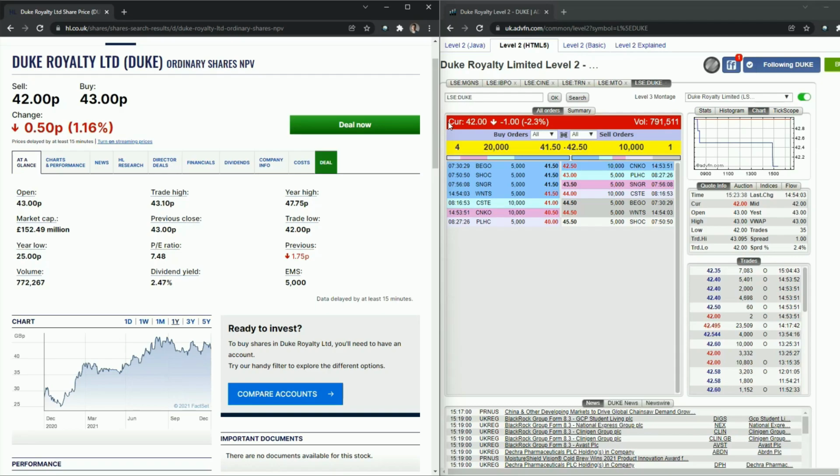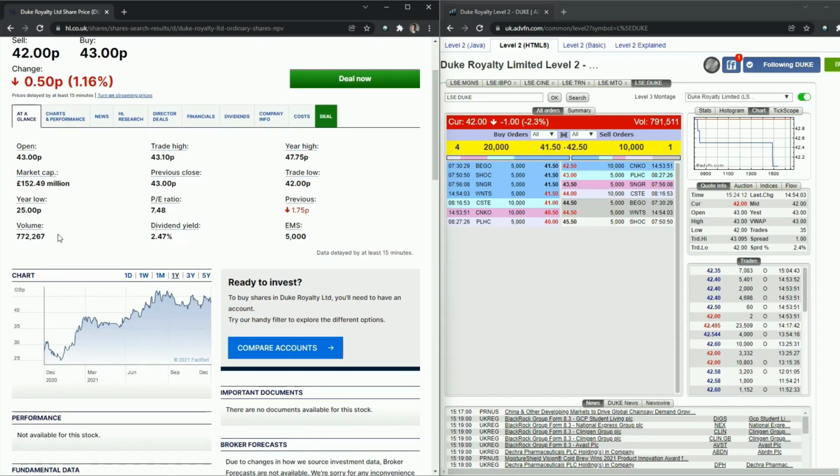Really useful at a glance to see if a share price is up or down and by how much. So that is genuinely useful. Also, the volume is useful as well. As you get to know a share, you'll notice when there's significantly more or less volume than there is usually. And you can use that information to benefit you. You'll notice that this is also indicated here on the level 1 side.